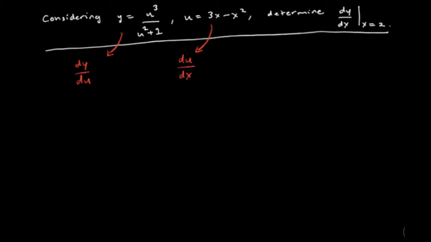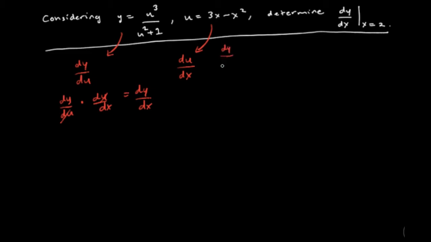If we take these two derivatives and multiply them together, and look at Leibniz's notation, you can notice that you get dy over dx, the rate of change of y with respect to x. So this is basically a template that we're going to be using. We're going to find each of these derivatives and multiply them together. Then we're going to substitute x is equal to 2 into the derivative function.